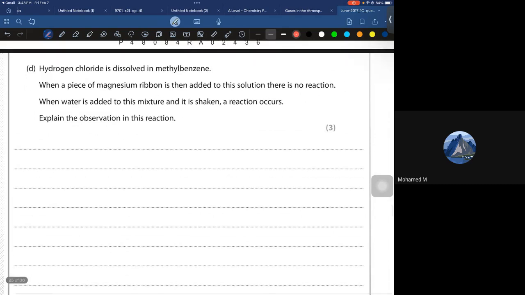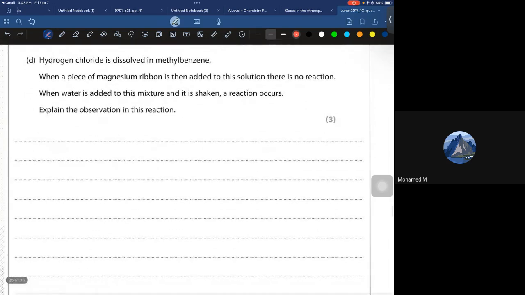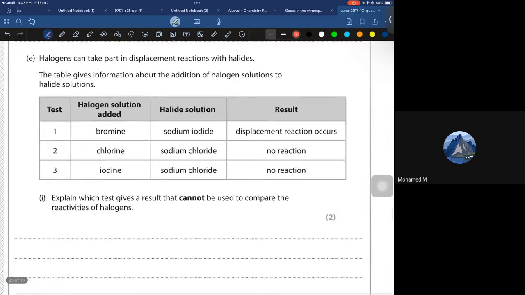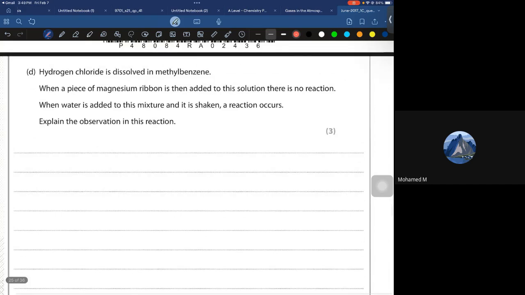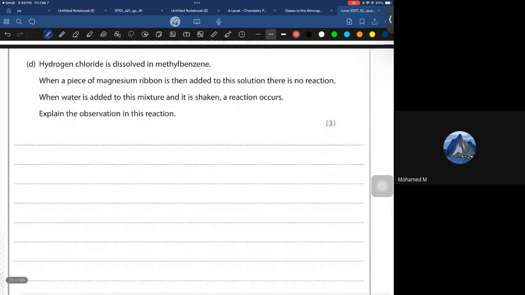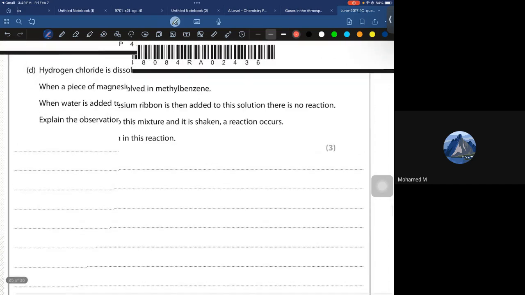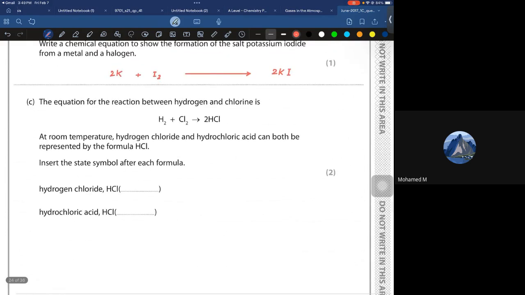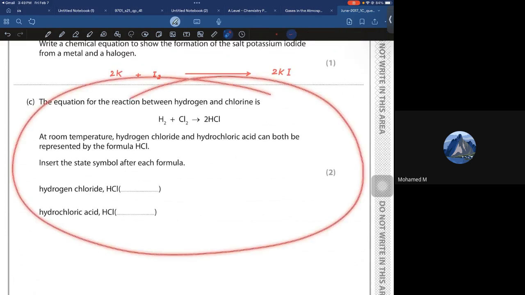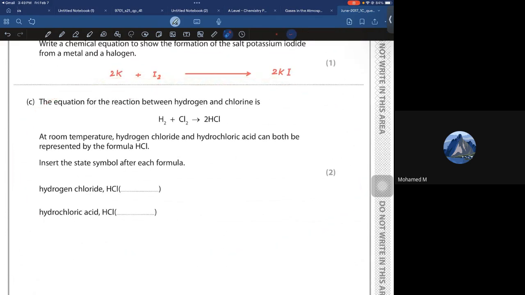Hydrogen chloride is dissolved in methyl benzene with a piece of magnesium ribbon. Explain the observations. First of all, you can tell me this: at room temperature, hydrogen chloride and hydrochloric acid can both be represented by the formula HCl.